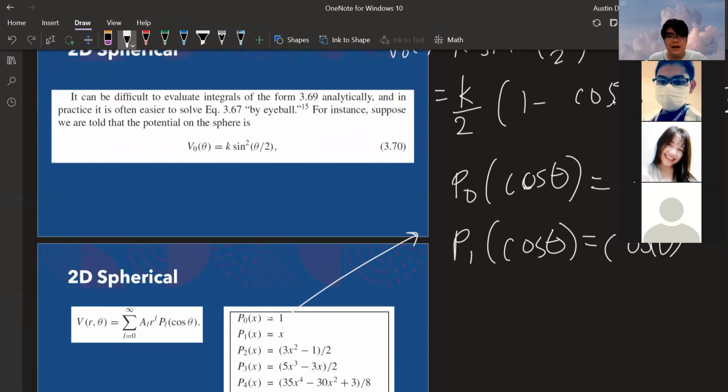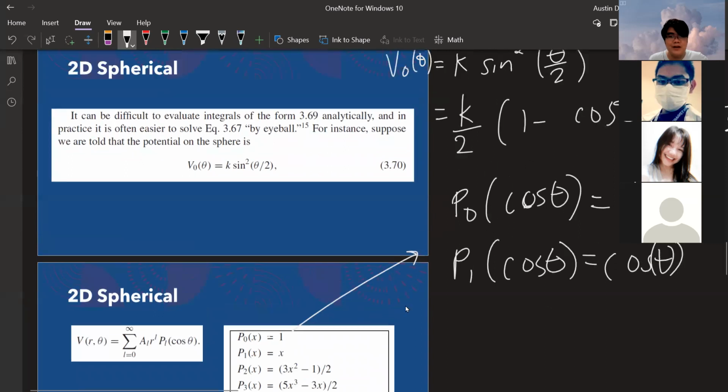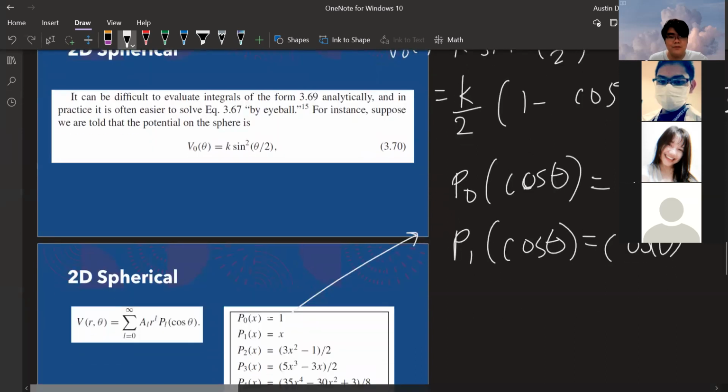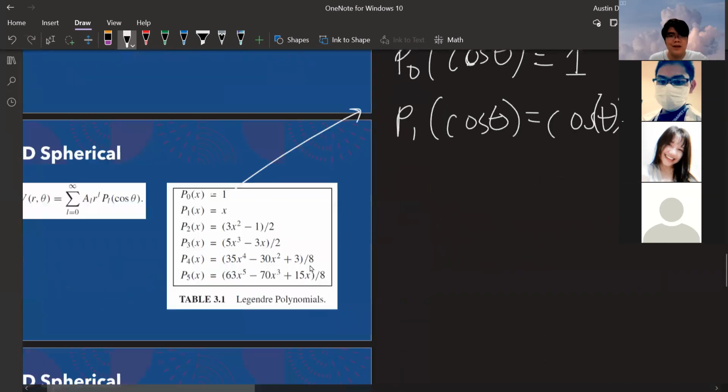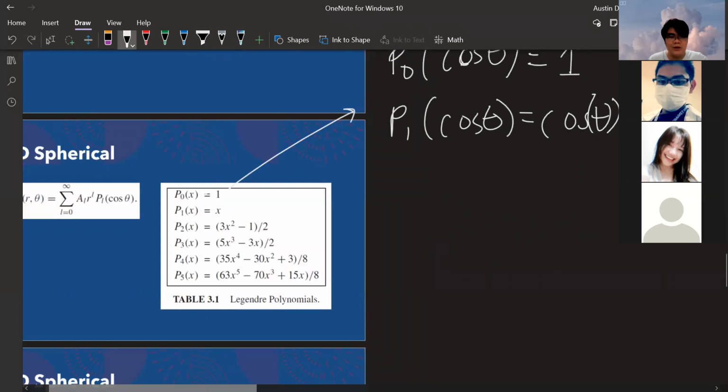And si cosine theta, pwede mo siyang i-represent as P1 of cosine theta. So ito yung form ng Legendre polynomials mo. Nasagot ko ba yung tanong mo? Feeling ko mali yung pagkakaintindi ko sa tanong mo. So, can you ask it again or kung okay na ba?